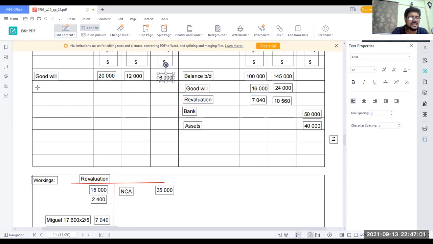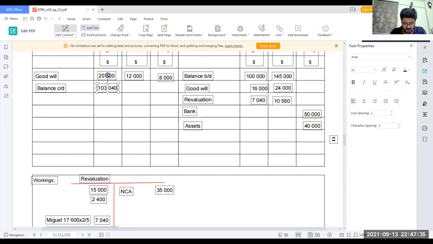Okay, now balance CD. $100,000 plus 16,000 plus 7,040. 123,040 minus 20,000 goodwill. 103,040 is the balance capital. Okay.